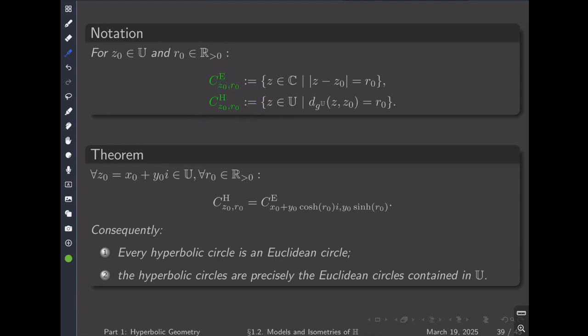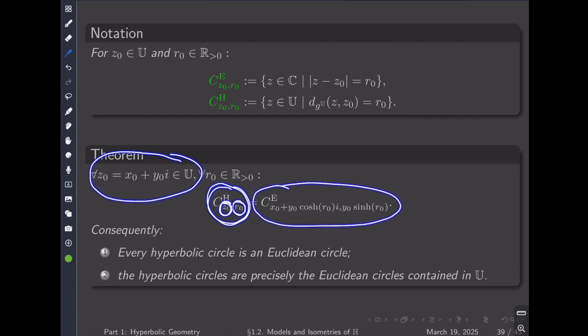And the theorem is that if you give me a point in U, then the hyperbolic circle of radius r naught centered at that point is actually the Euclidean circle with radius y naught times the hyperbolic sine of r naught, with this other center.